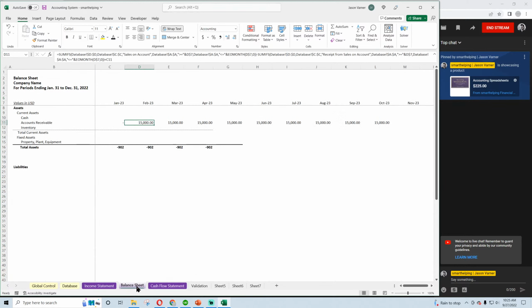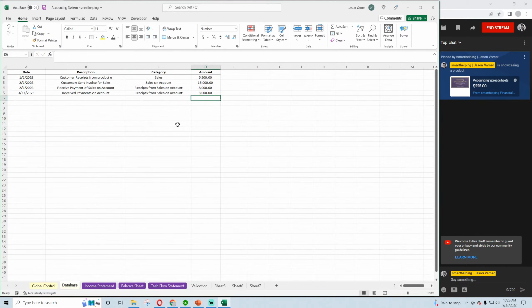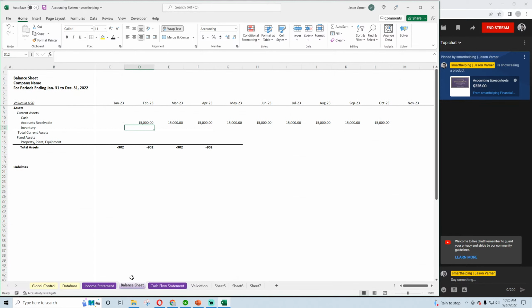Now you look at the balance sheet. Receipt from sales on account. We should be subtracting, let's see, did I do my dates here? This plus that.